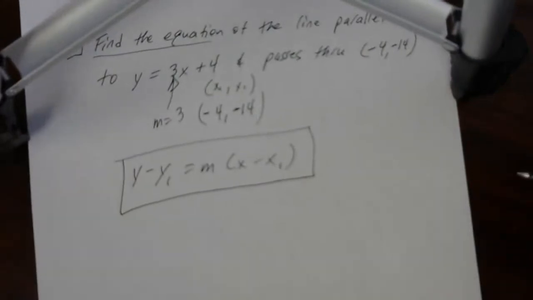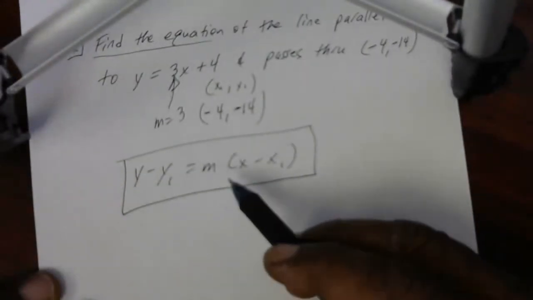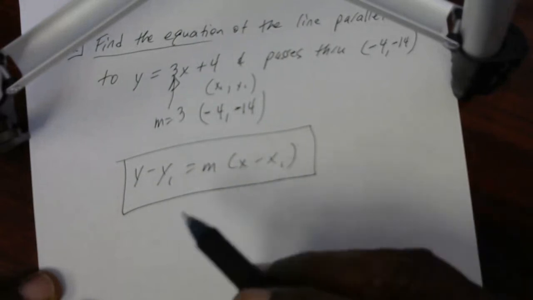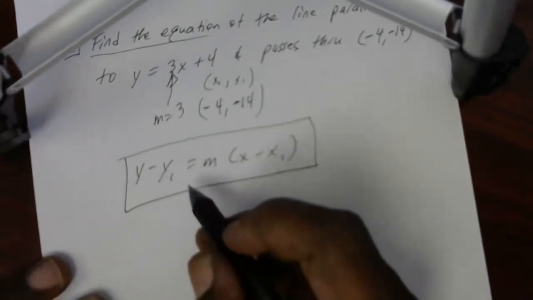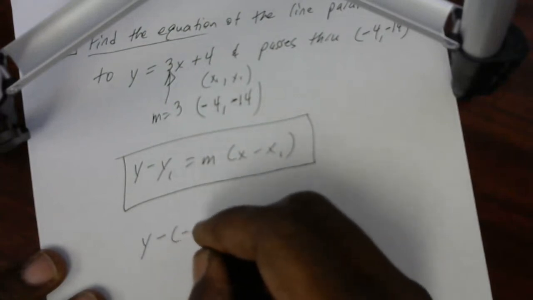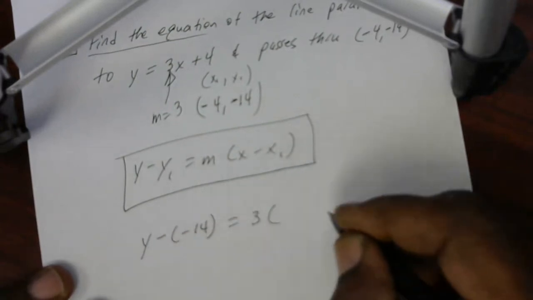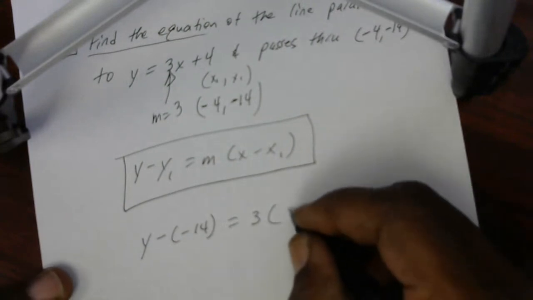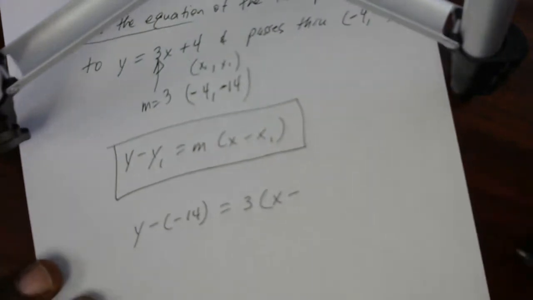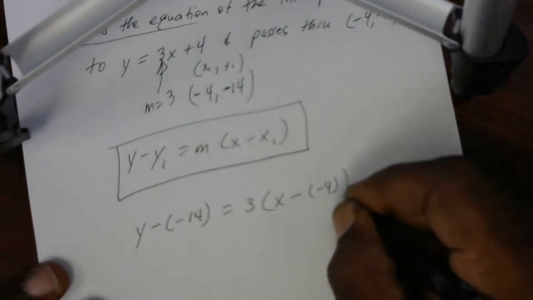Right, so now we're going to substitute. Remember, we never know x or y, but we should know m, x1, y1. So we have y minus -14 is equal to 3 times x minus -4.